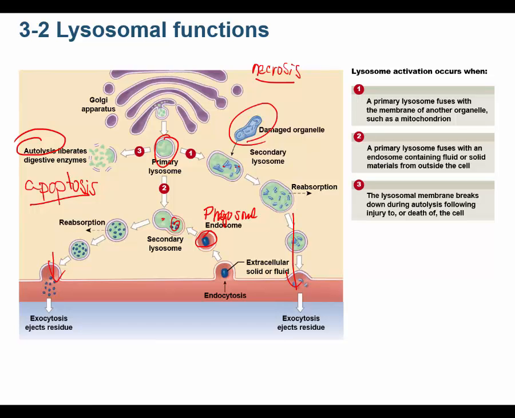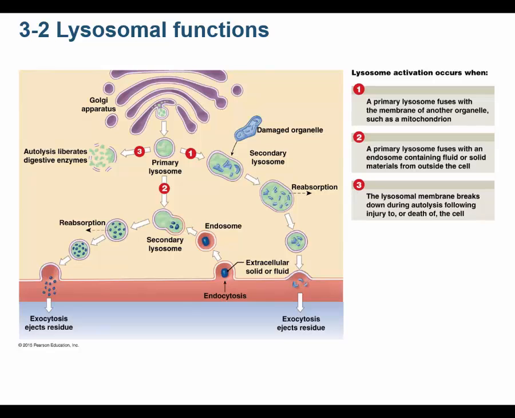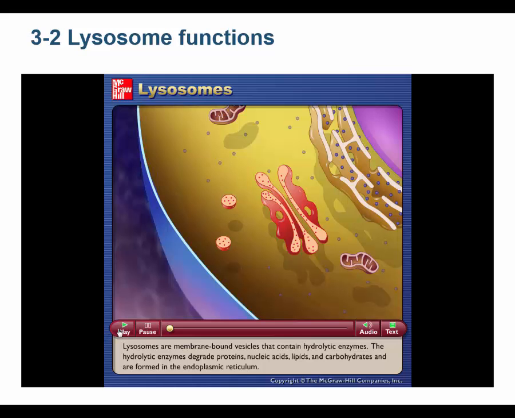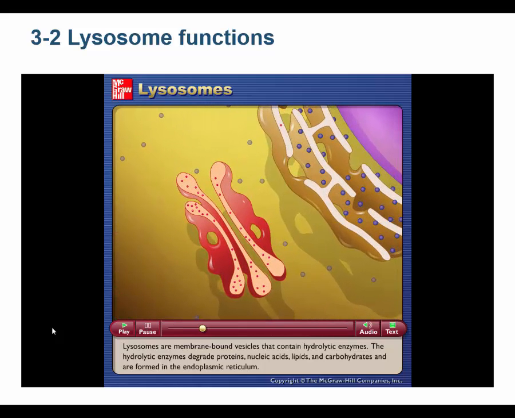But the lysosomes are involved in that. Lysosomes are membrane-bound vesicles that contain hydrolytic enzymes. The hydrolytic enzymes degrade proteins, nucleic acids, lipids, and carbohydrates, and are formed in the endoplasmic reticulum.